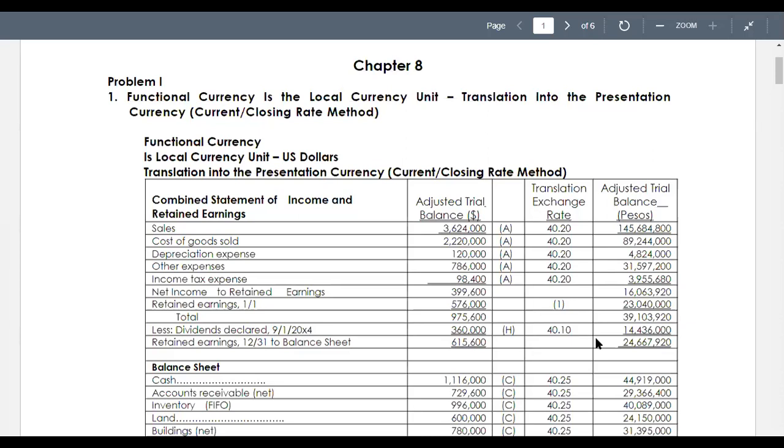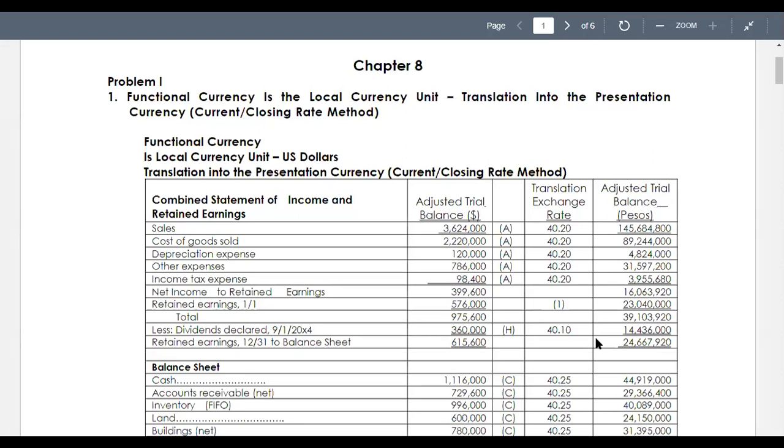So we can say that all assets and liabilities are translated from the local currency into their posting currency using the current or the closing rate. Like for assets and liabilities, we refer to the spot rate on the balance sheet date.